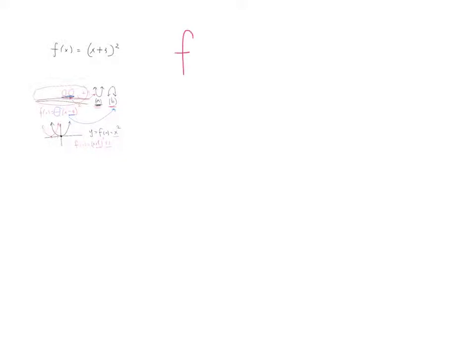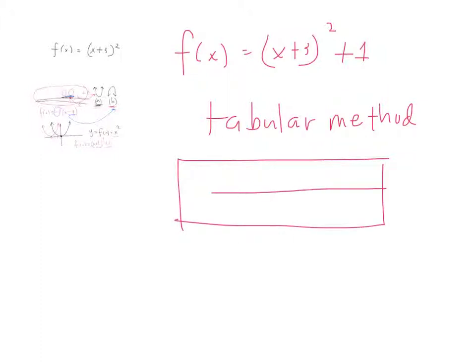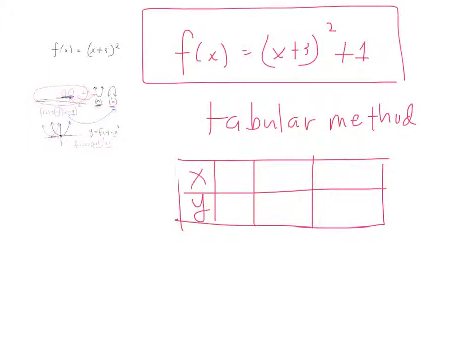If we have f of x equals (x plus 3) squared plus 1, the most basic would be the tabular method. Okay, so you are going to make a table of values. Now the problem with this is that you have to select the best x and the best y so that you will get a good set of points for your graph.